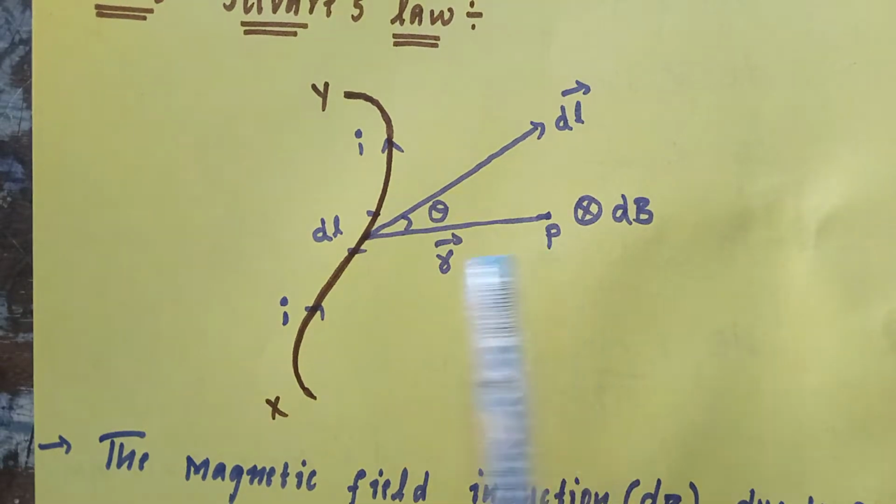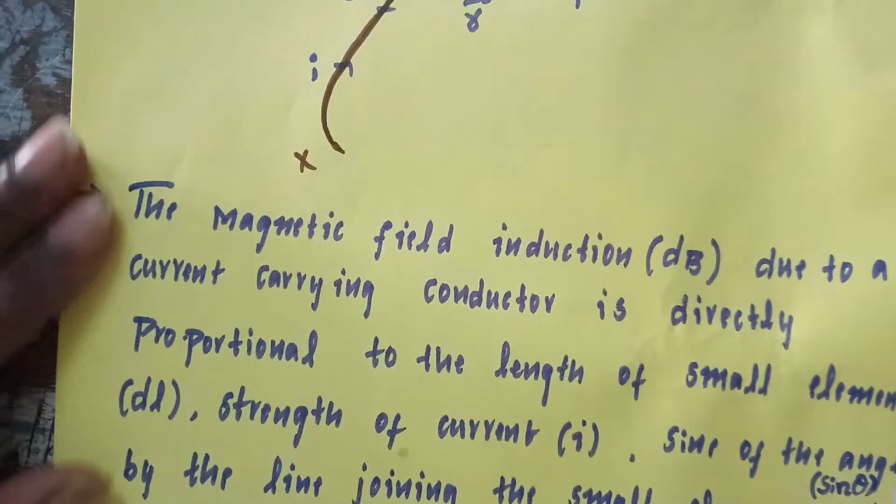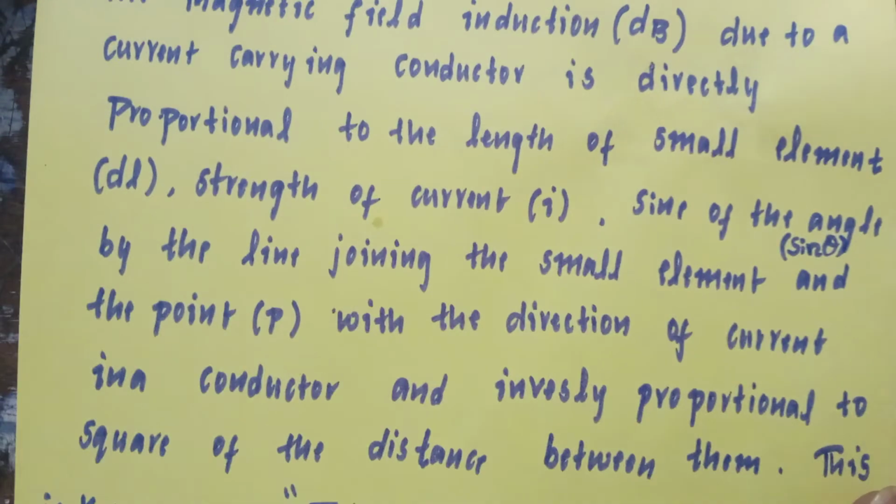Between them means between the point and the small element. So this is the definition.